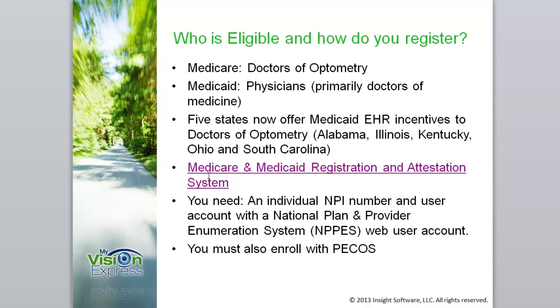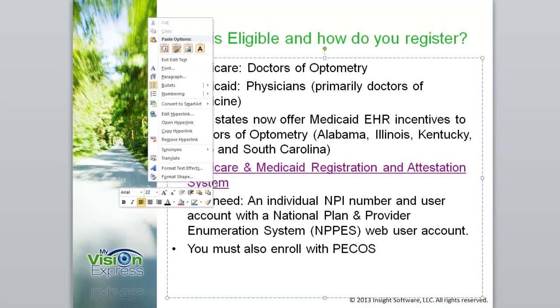I do have this link here, and this will actually be shown in our support central for the Medicare and Medicaid registration and attestation system. So for those who have not already registered for the incentive, you would just go on this link here. I'm just going to open up the link. And then there you'll be able to register. They'll ask you questions, and this is per doctor.